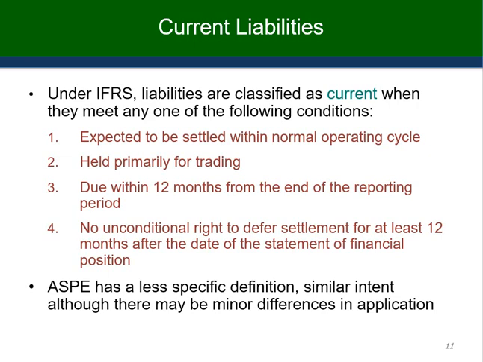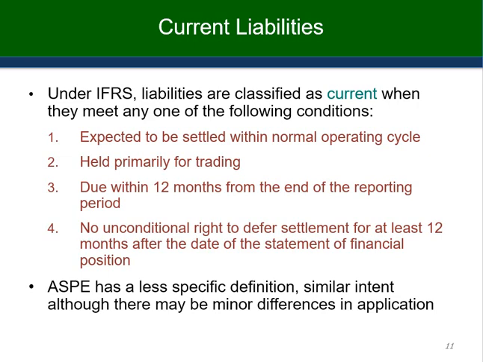So if it can't actually defer the obligation until the year after, we would recognize it as a current liability. ASPE has a little bit less specific definition, but the same kind of things would apply.